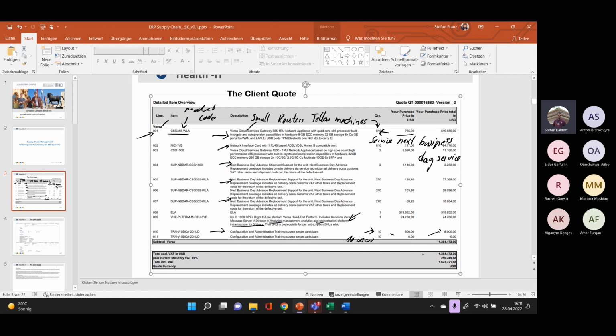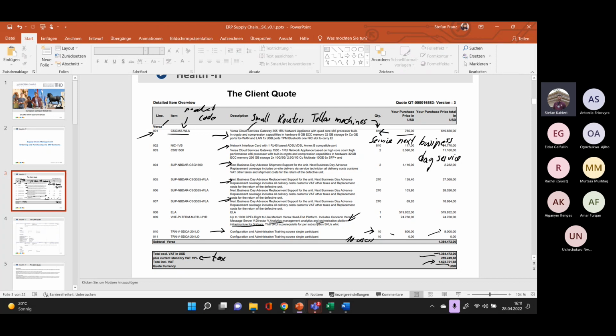For all of this, you get a price in total, and you see the tax, which equals then to the total amount of 1.6 million US dollar. Please ask me if you have questions on that.